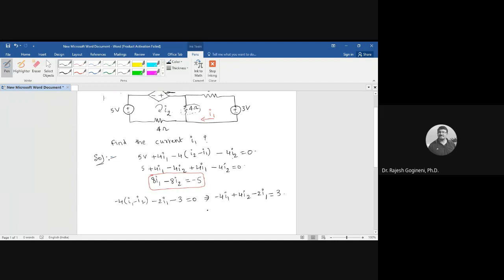So that means minus 6I1 plus 4I2 equals 3. Two equations, two unknowns.